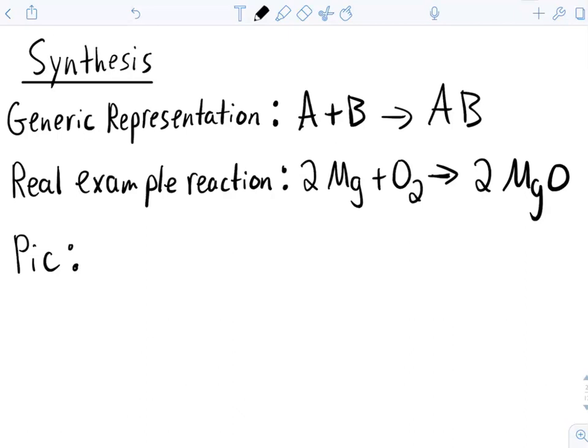We're going to learn more about that later on. But if I went through and labeled this, Mg would be my A, the O2 would be the B, and then I can see that they come together and form AB. So again, you have a generic representation and then a real life example. And then a picture of this would be open circle plus filled in circle is going to yield open circle and filled in circle. Okay, so again, synthesis is just putting two things together, and then we form one substance.